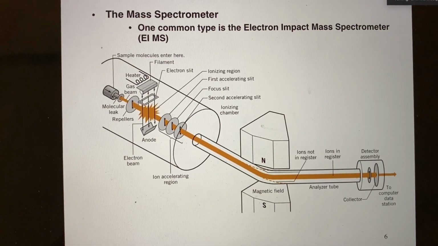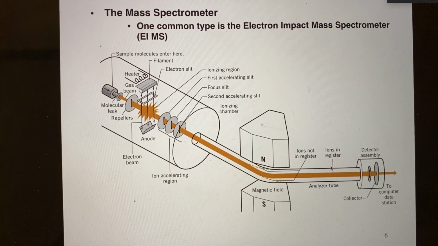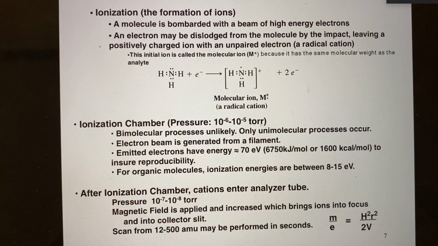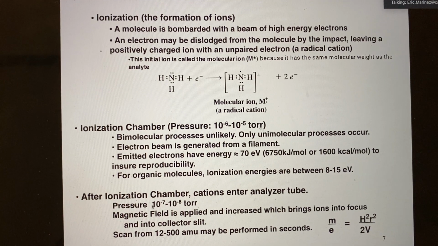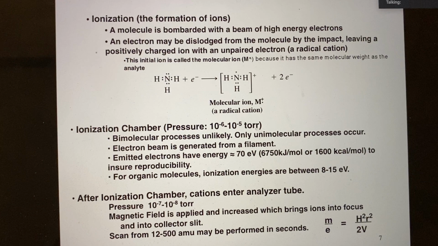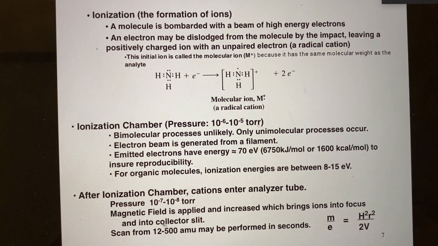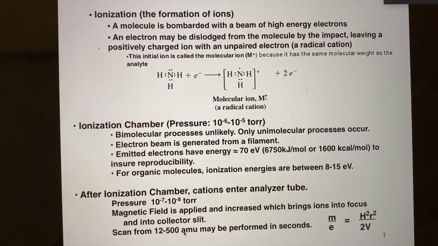So the way I'm getting these ions to travel is by changing and reducing the pressure. Okay? So of course, in order to have a pressure gradient, I have to have a lower pressure than in the ionization chamber after ionization. Okay? The magnetic field is applied, increased, which brings ions into focus and is collected. Normally we scan between 12 and 500 AMUs.